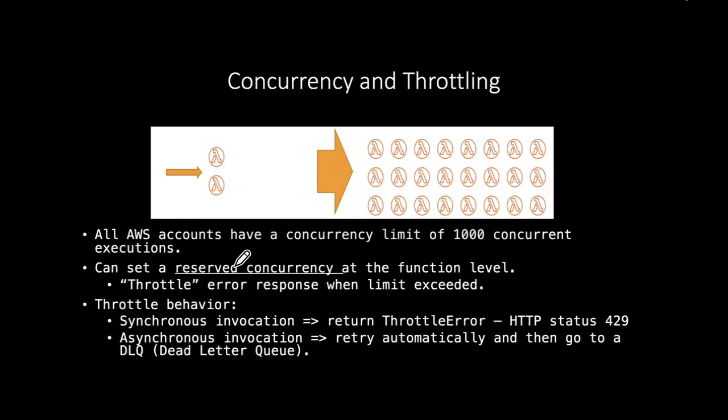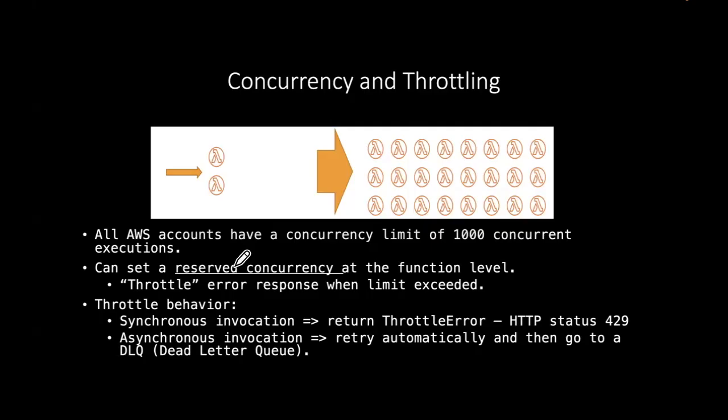Now, what that means though is that if there are 20 or 30 concurrent events happening, then let's say it's 20, then 10 of those events will receive a throttling error response back to whoever the source of the event is, whoever the trigger was. So let's assume I have a URL associated with my function and I'm triggering it from Postman.